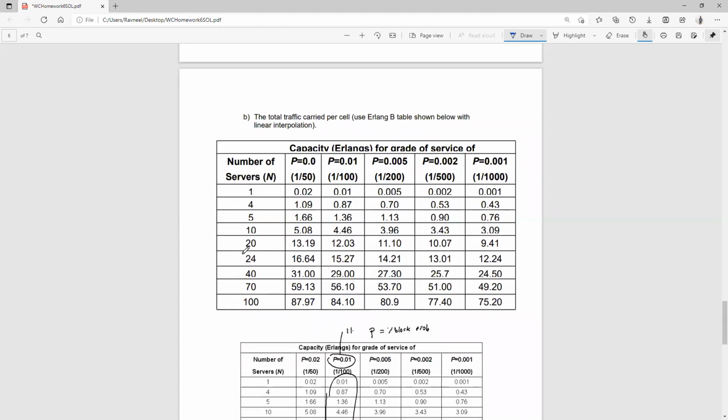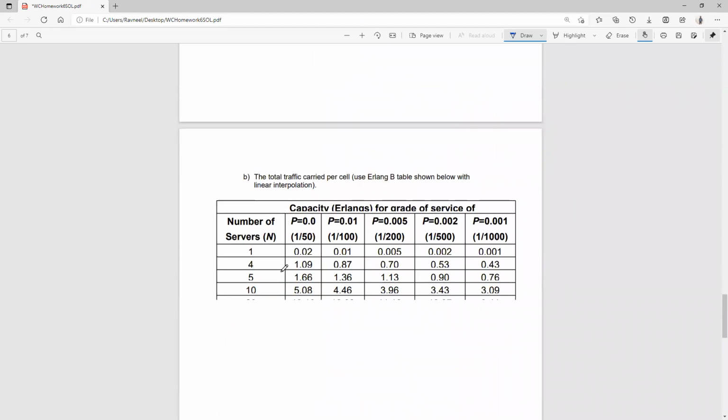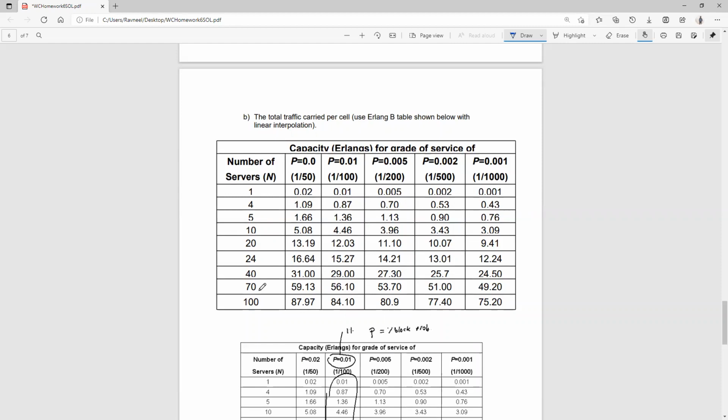You can see that 83 is not present in this table, so the 83 column is not present. So we'll be using these particular values to interpolate, 70 and 100.